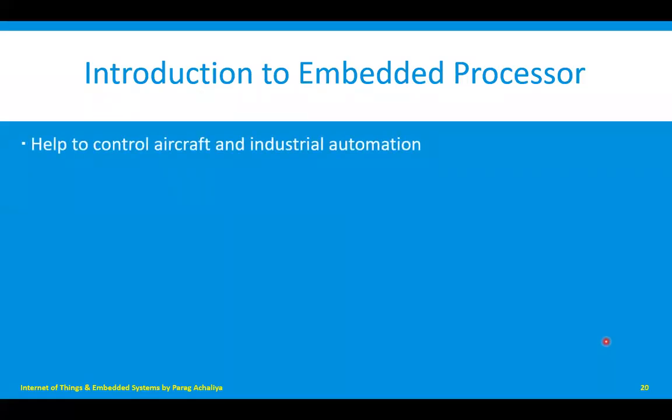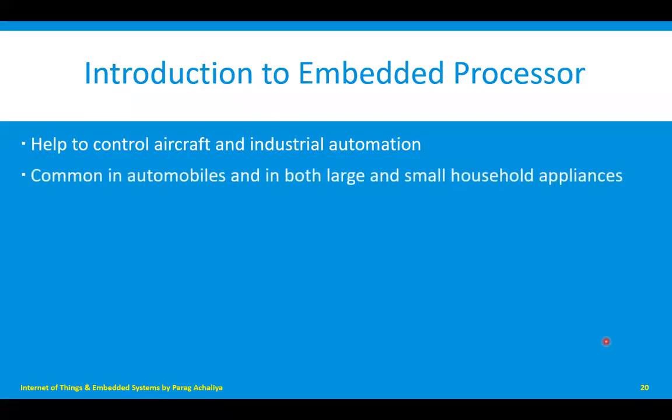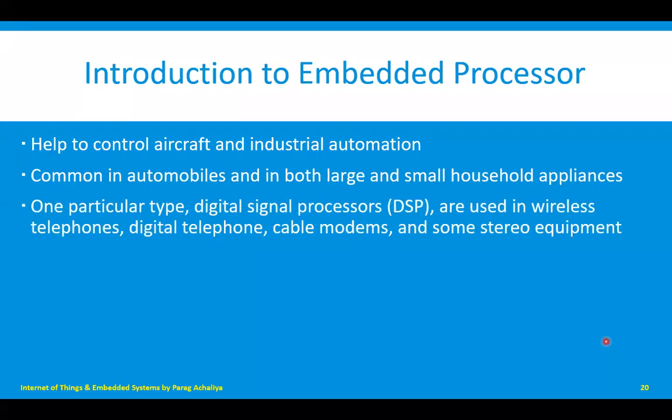Those embedded processors help to control aircraft and industrial automation. They are commonly available in automobiles and in both small and large household appliances. One particular type, the digital signal processor, DSP, is used in wireless telephones, digital telephones, cable modems, and some other stereo equipment. One type of embedded processor is nothing but what? Digital signal processors, DSPs.